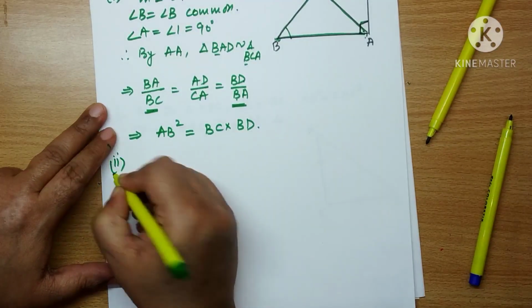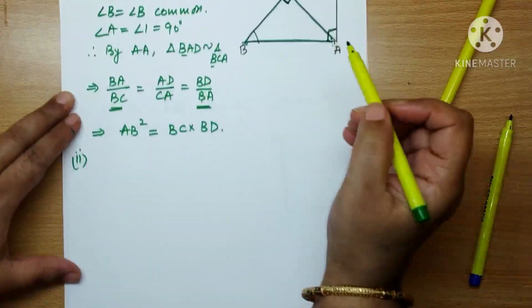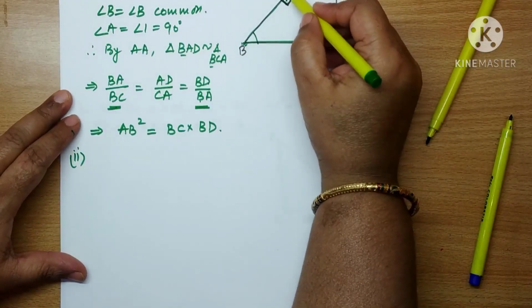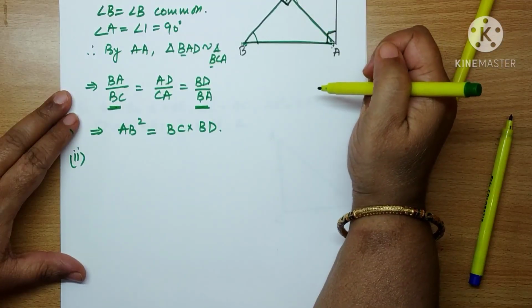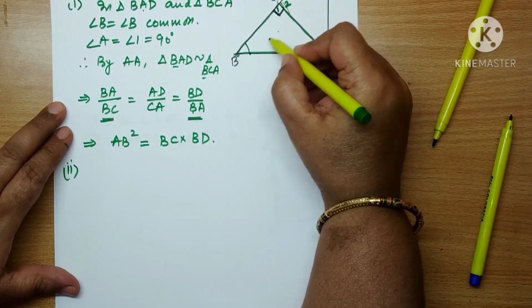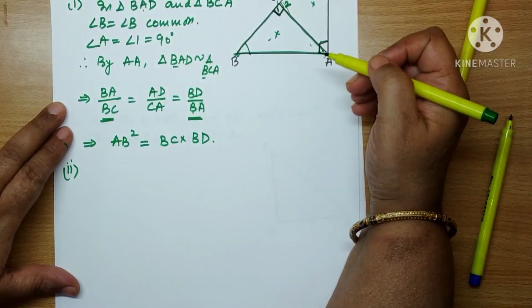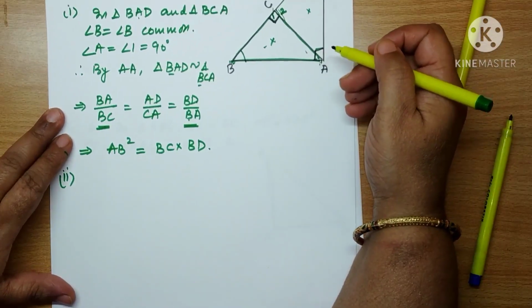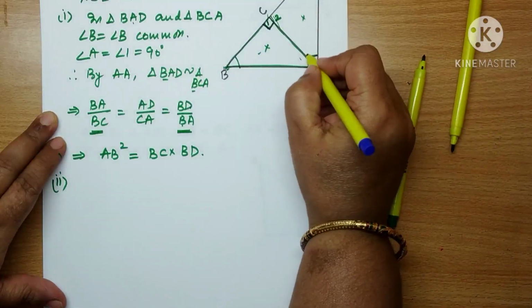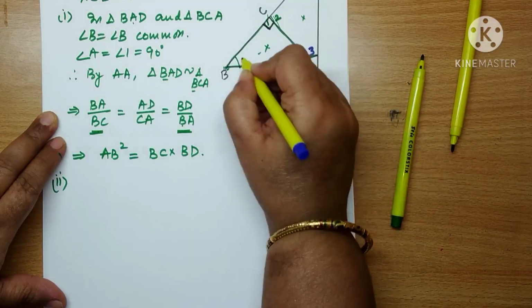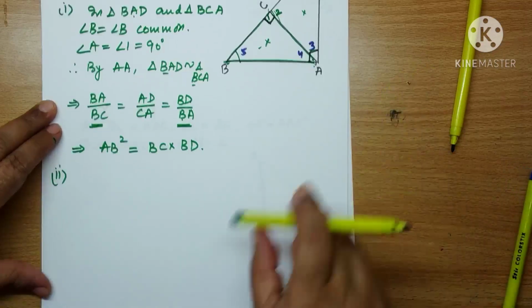Second part. In the second part, I am looking for AC square. AC square means I'll prove those two triangles similar of which AC is the common side. AC is the common side of these two smaller triangles. So now we'll have to prove the two smaller triangles similar. Remember, two smaller triangles, just like the way we proved in question 2.